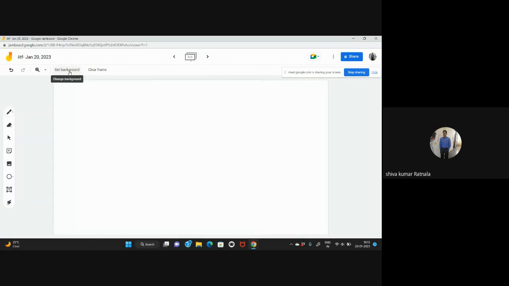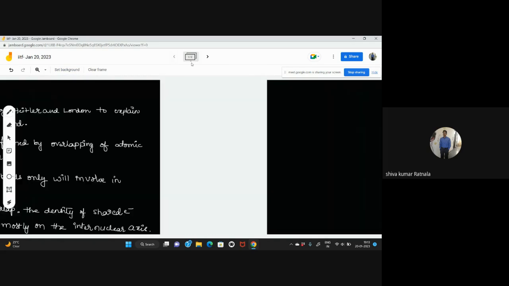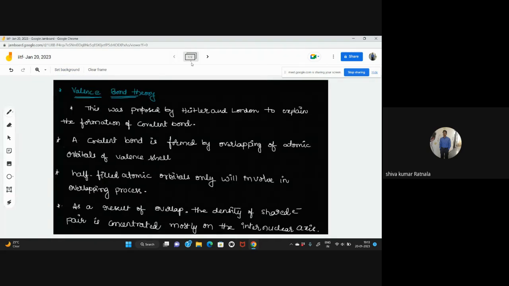Sir, could you explain the last point? Actually, what did I say? As we know, the electrons will be there in terms of electron density, like this electron cloud around the nucleus.